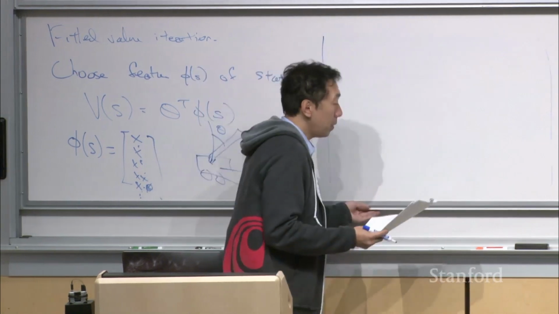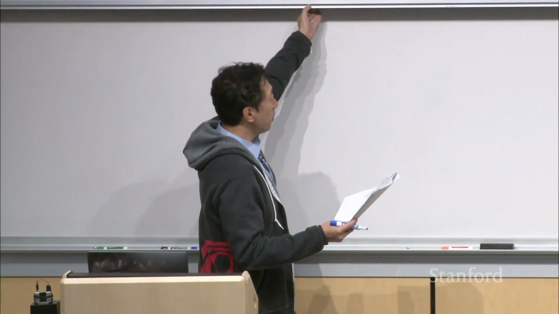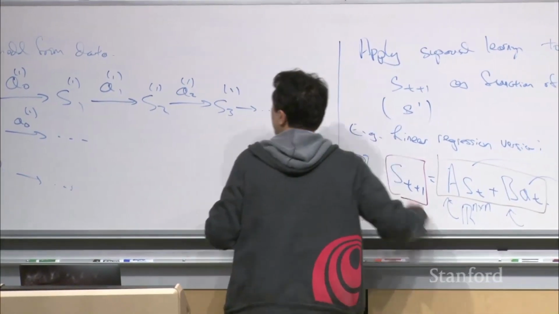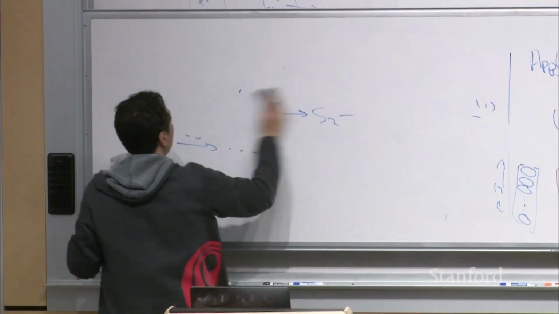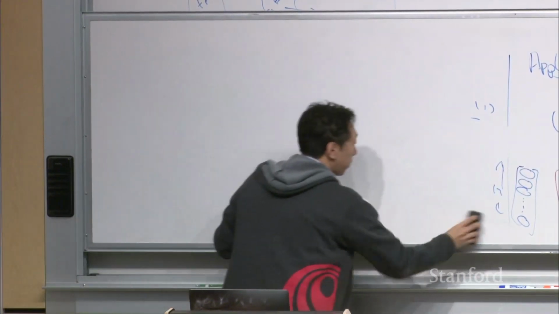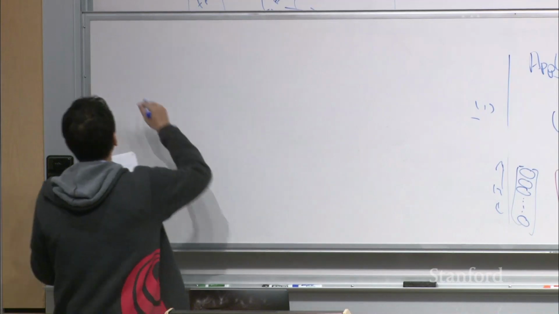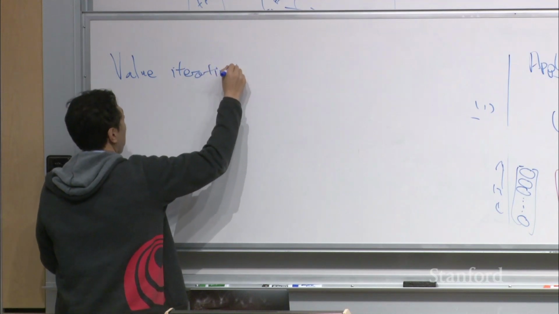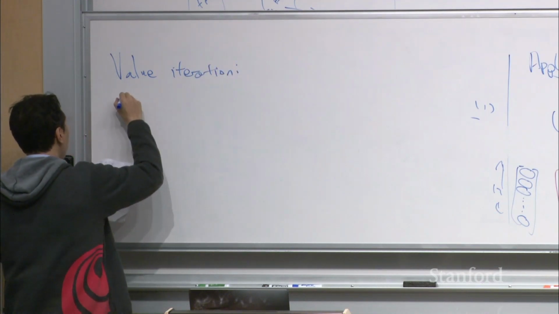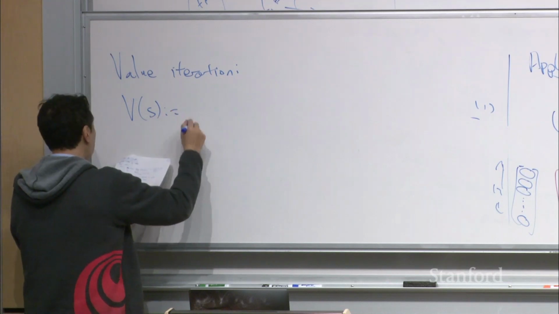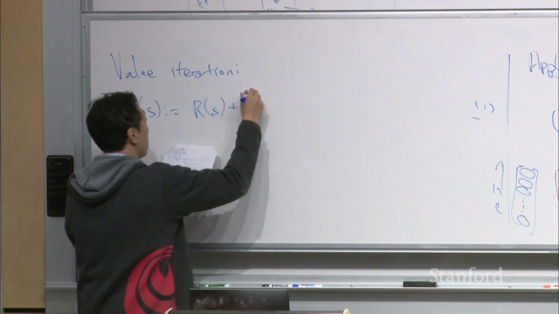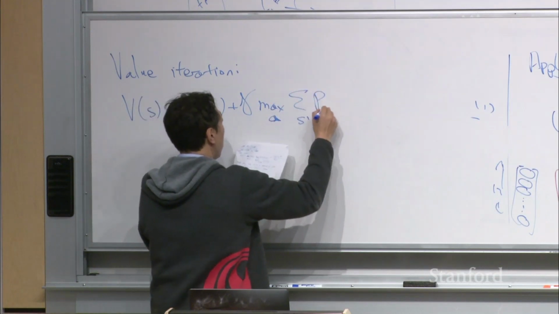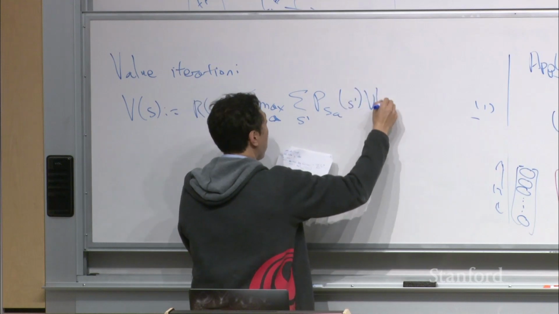All right. You know what? This is a long algorithm. Let me just use a fresh board for this. So let me just write down the original value iteration algorithm for discrete states. So what we had previously was we would update V of S according to R of S plus gamma max over A, right?